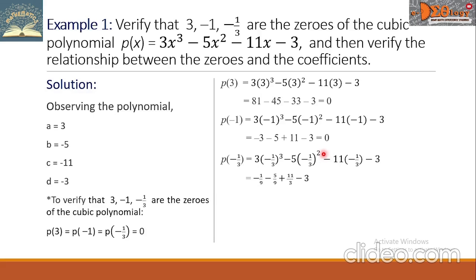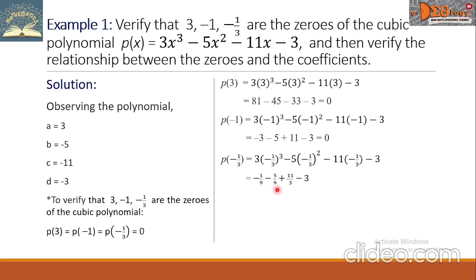Then the square of -1/3 is positive 1 over 9. Multiplied by -5, we will have -5 over 9. Next, -1/3 times -11, we get positive 11 over 3, then the -3 follows.